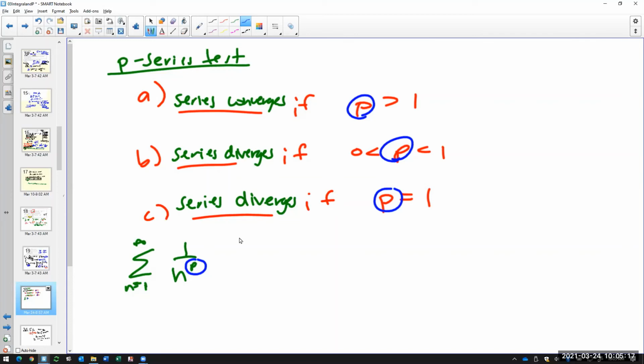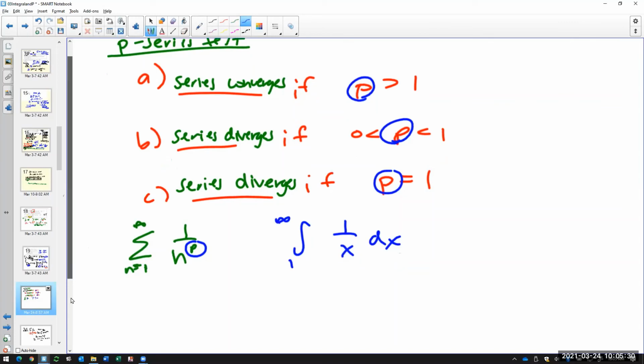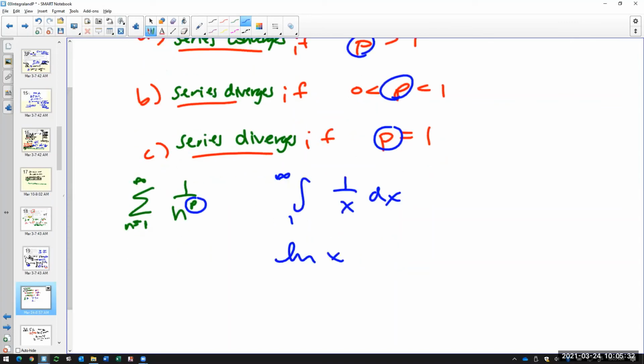If you go back to page 3, if my P is equal to 1, I'd have the integral of 1 over n, basically. 1 over x dx, from 1 to infinity. If I took the integral of that, what I would get is ln of x, from 1 to infinity. But I'm going to replace that with b. So I'm doing this a little bit quickly. Then I'd get rid of the bar, so the bar is b and 1.